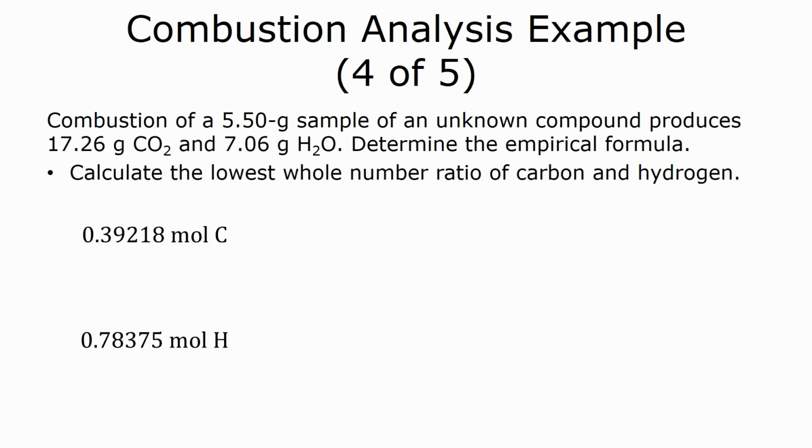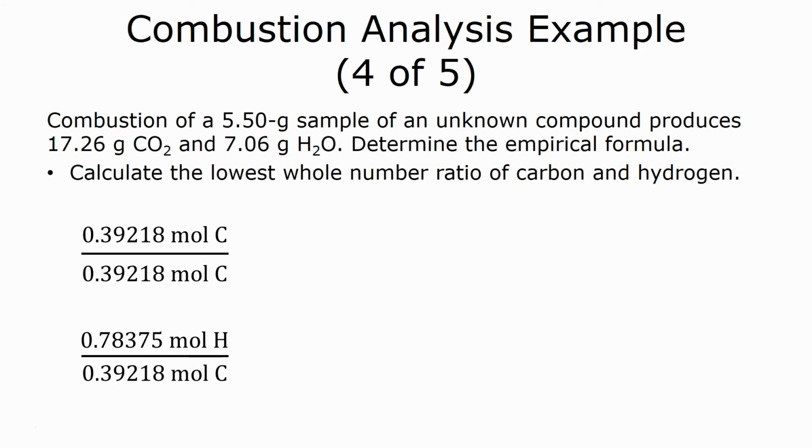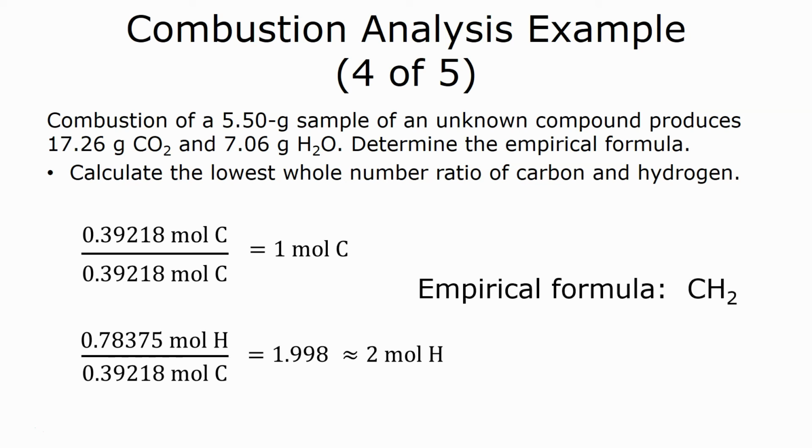Now that we know that we don't have any oxygen in the molecule, we could take our mole quantities of carbon and hydrogen and set them to the lowest whole number ratio. Now we do that by taking each one of the values in moles and dividing it by whichever value is lowest. This sets everything relative, in this case, to carbon, the element that's in the lowest mole quantity. So if we divide both of these by the number of moles of carbon, that means that for every 1 mole of carbon in our sample, we have 1.998, or essentially 2, moles of hydrogen, which means that our empirical formula is CH2.